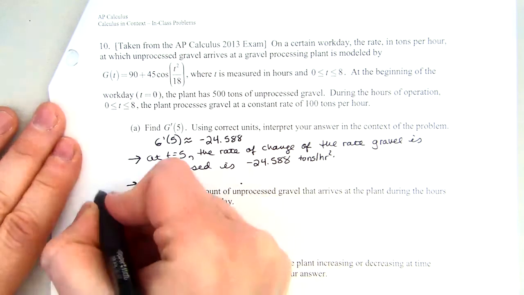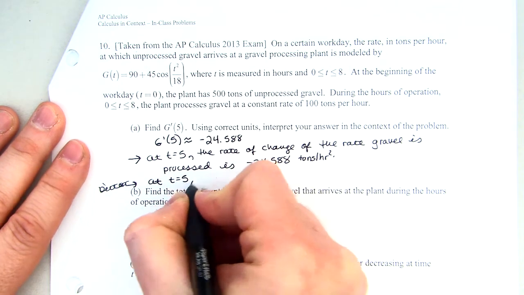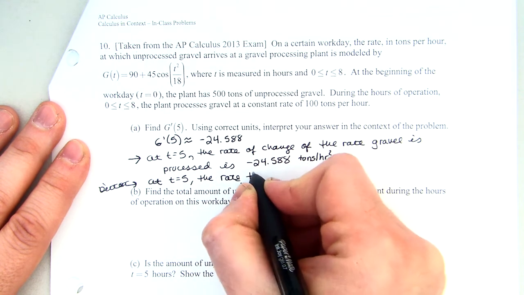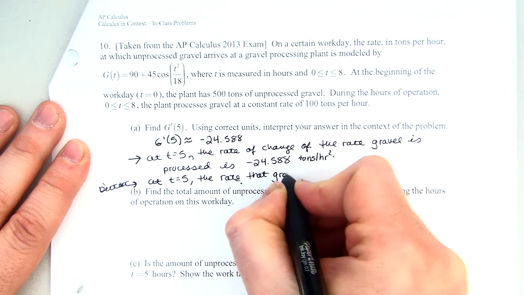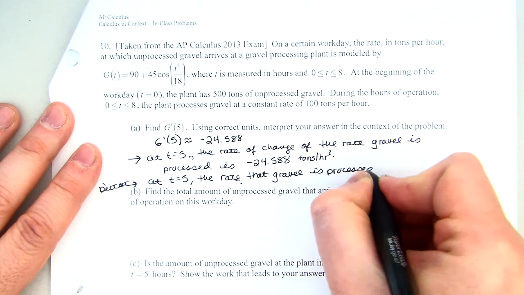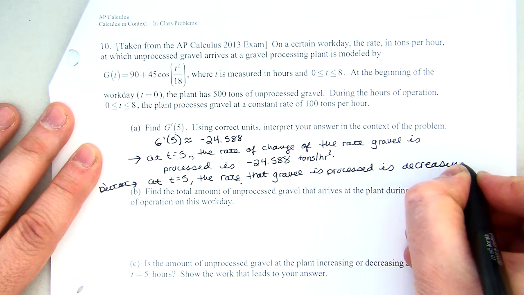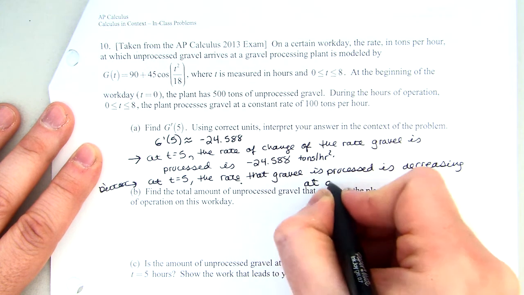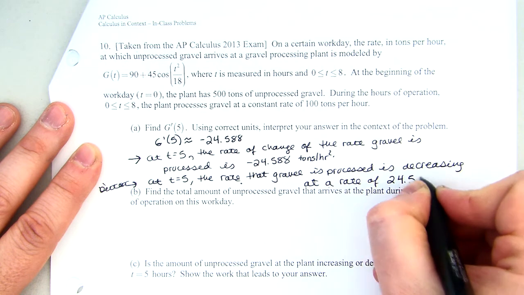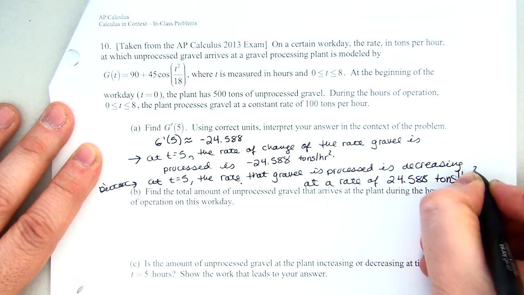So I think the better way to explain this is, at t equals 5, the rate that gravel is processed is decreasing at a rate of 24.588 tons per hour squared.